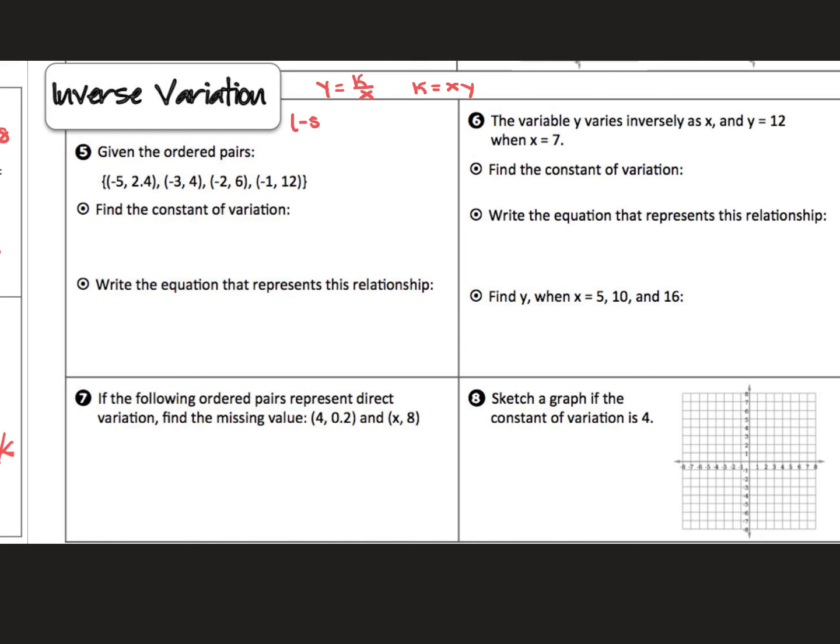We have negative 5 times 2.4, which gives us negative 12. Negative 3 times 4 gives us negative 12. Negative 2 times 6 gives us negative 12. And negative 1 times 12 gives us negative 12. So our k here is going to be negative 12. Writing the equation, we get y equals negative 12 over x.